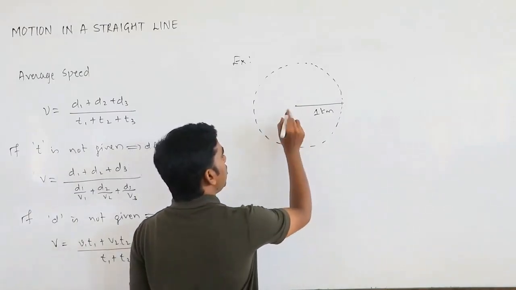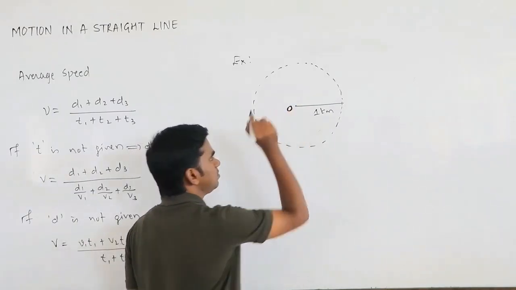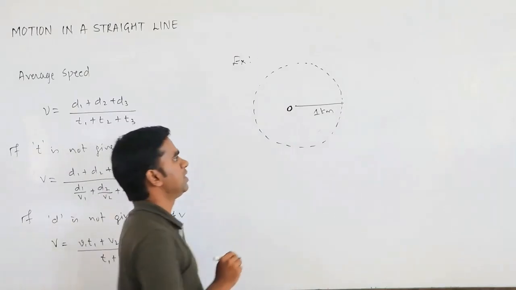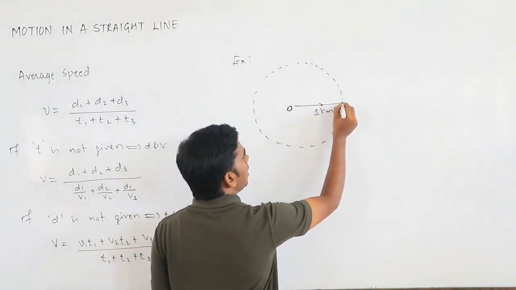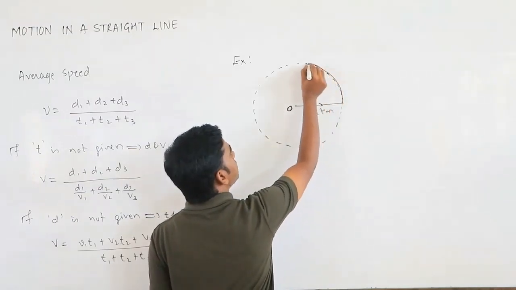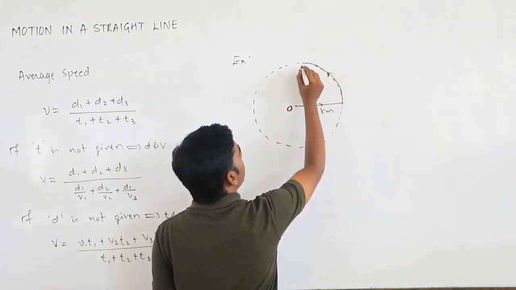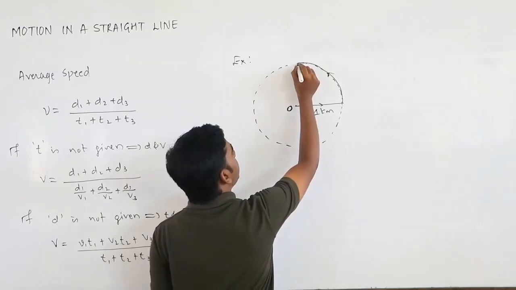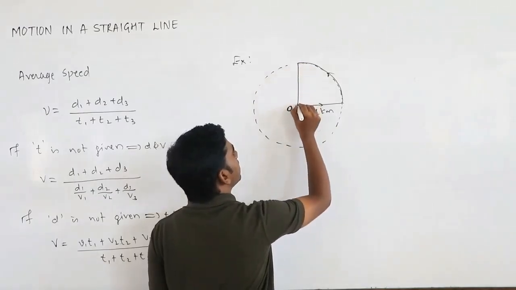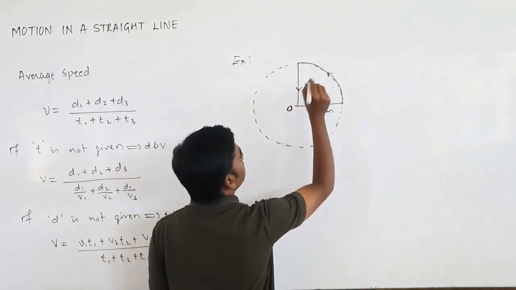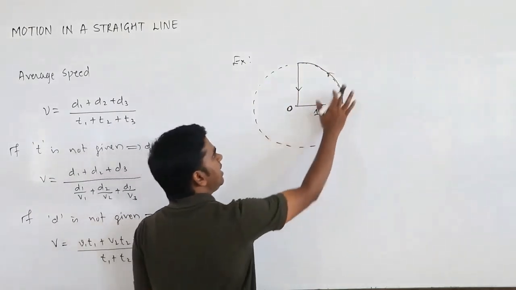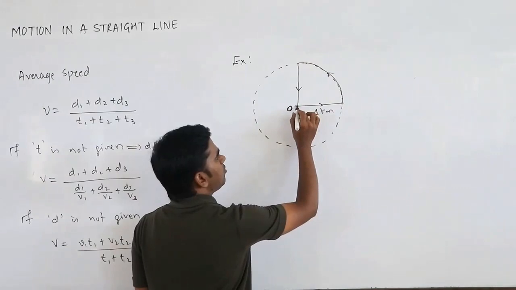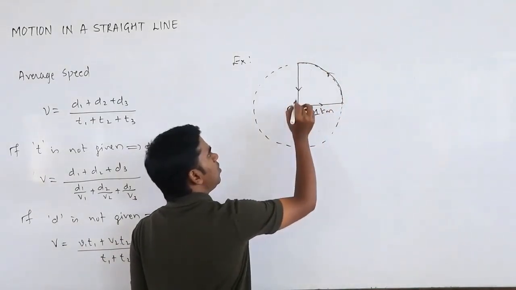So he starts from O and goes in this direction. Again he travels in this direction, and he will not continue. Again he will come back here.